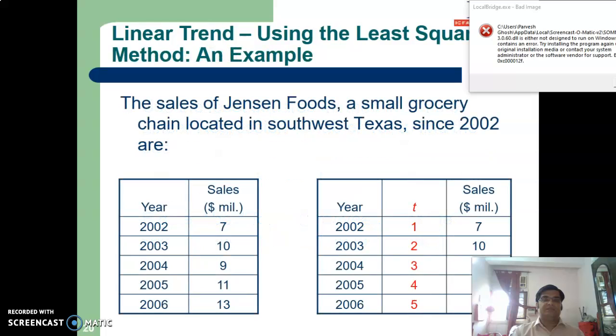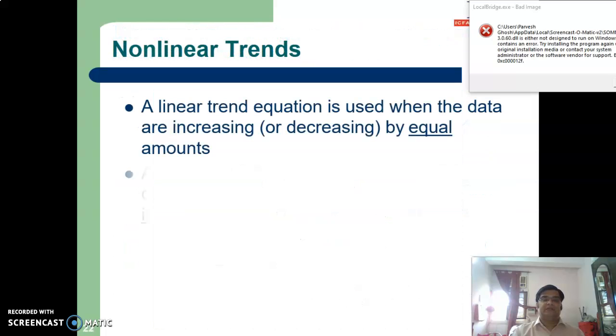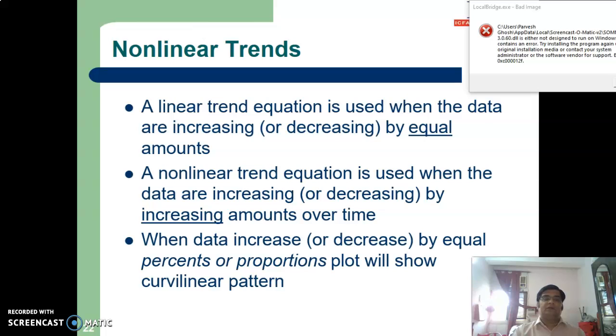Next is the non-linear trend, where the data does not follow a line, it is a curve. So what is a non-linear trend? As we know, a linear trend equation is used when the data are increasing by equal amounts, say for an increase of 1 unit, the data is increasing by a fixed number of units.